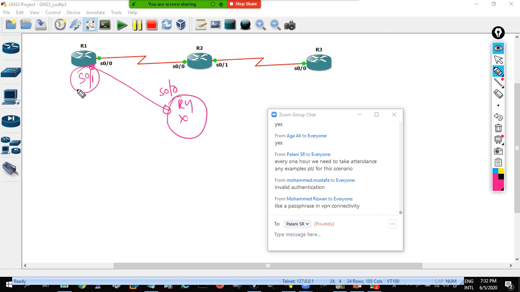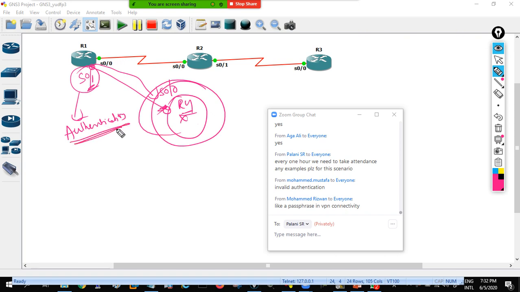Even on serial 0/1 I enable authentication, but we don't know who this guy is. Some dummy guy is connected there and they don't know that authentication is enabled on the serial 0/1 side. So RIP will not send its updates to this guy, because the authentication is not matching. Router 1 serial 0/1 will tell you, sorry boss, I don't want to exchange any information with you because you are not an authorized person, because I am not matching my authentication with you.